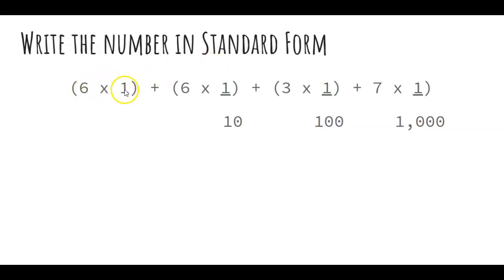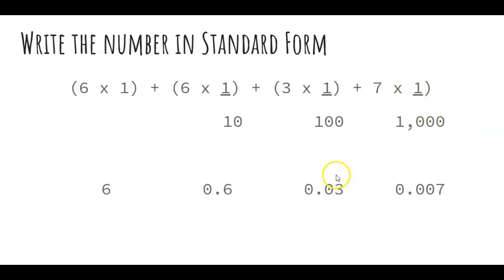What is 6 times 1? 6. 6 times 1/10, well, 6 times 1, again, is 6, right? So it's 6/10. 3 times 1 is 3, so that's 3/100. 7 times 1 is 7, so it's 7/1000.